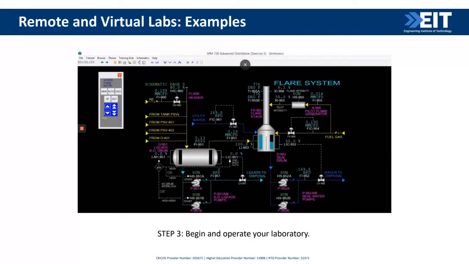Once you log into that computer, you can see various software and you can click on the relevant software and start working on that software as per your requirement or as per the assessment requirement. Here we can see one example, an advanced distillation exercise in Simtronic, where you can simulate single equipment or you can simulate the entire plant.